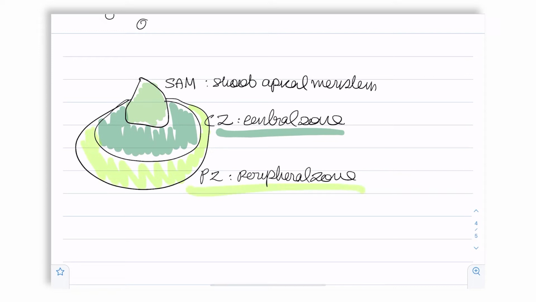In fact, you could by definition also imagine that there is an outer zone, which we will just simply depict as OZ.